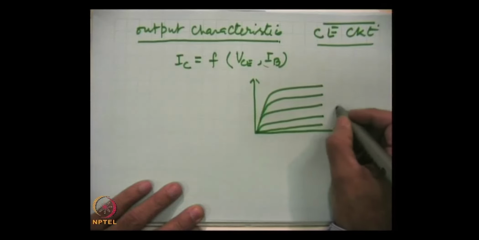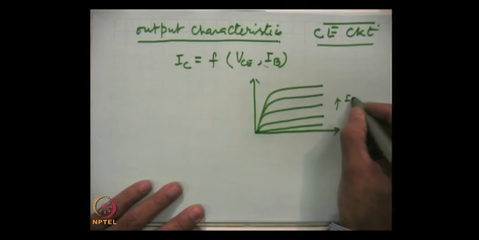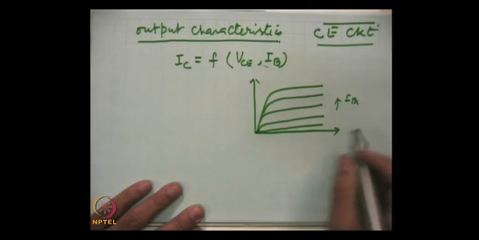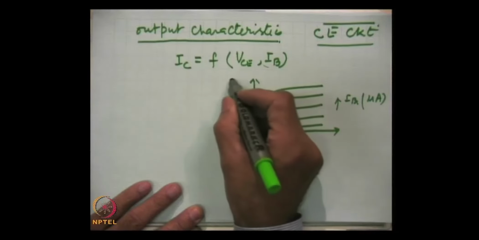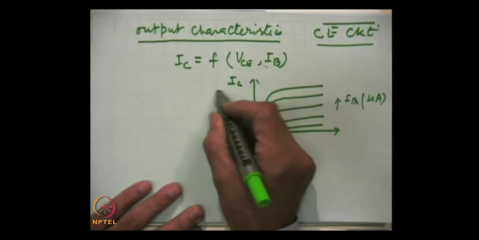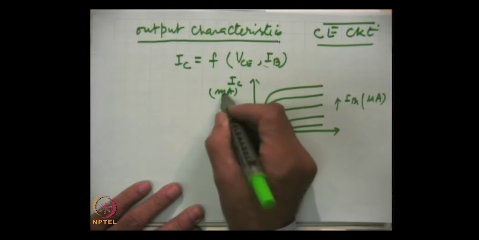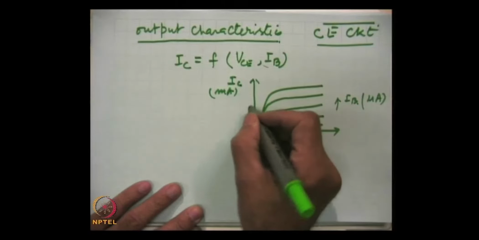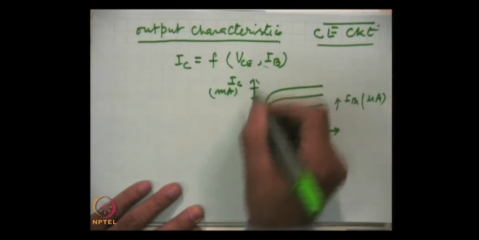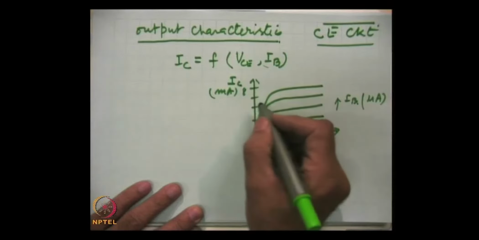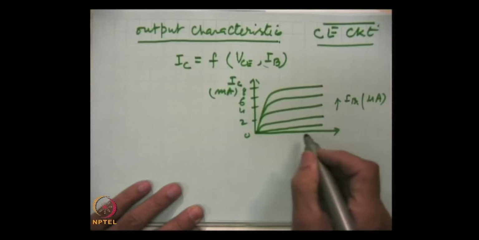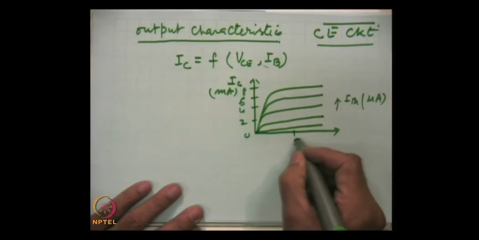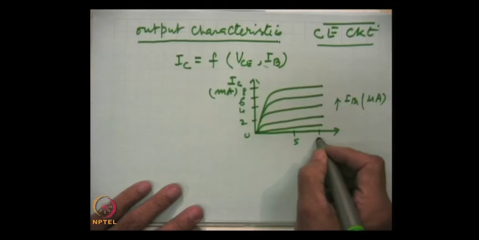This is IB, for example in microamperes, this is IC, normally in milliamperes, 2, 4, 6, 8. And this is 5 volts, 10 volts and so on.